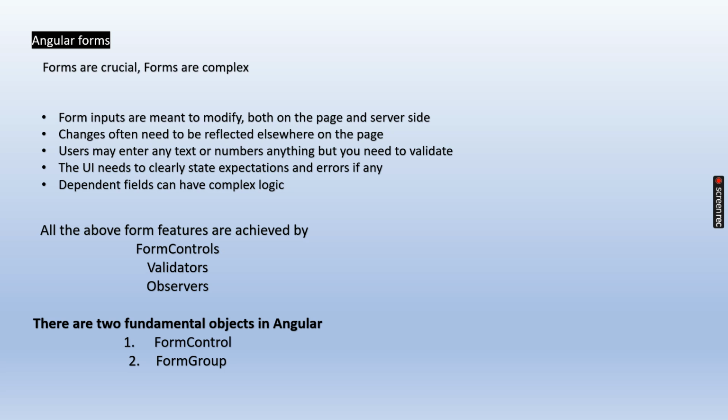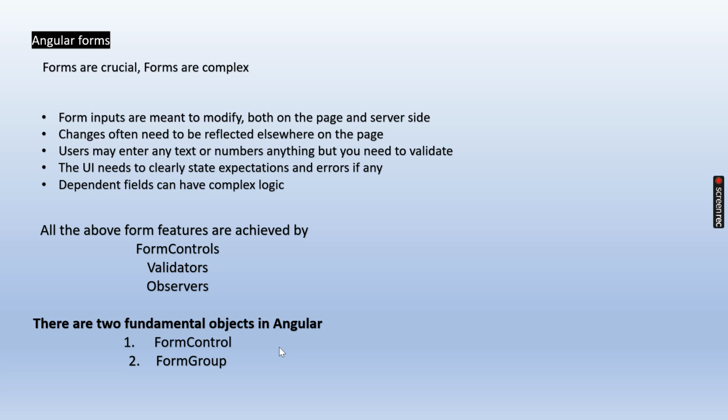Suppose you are preparing a login form, it should not look like a sign up form. And if you are preparing a sign up form or a subscription form, it should not look like a login form. At the same time, any errors should be handled. And obviously, dependent fields can have complex logic.